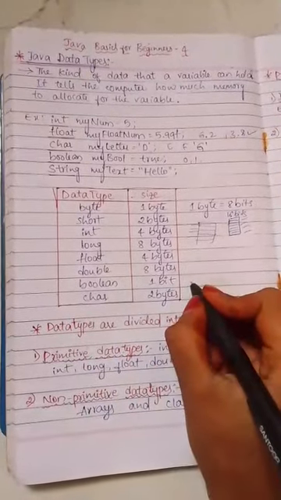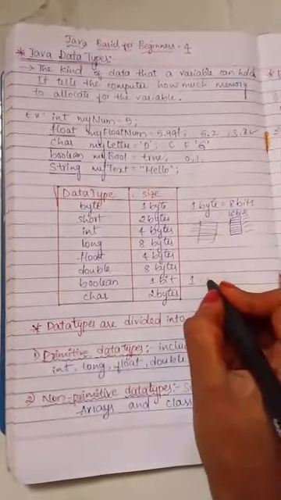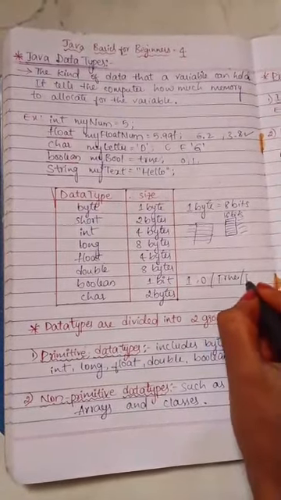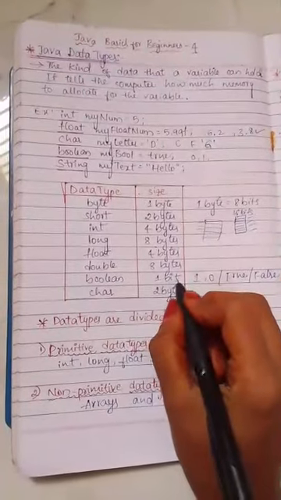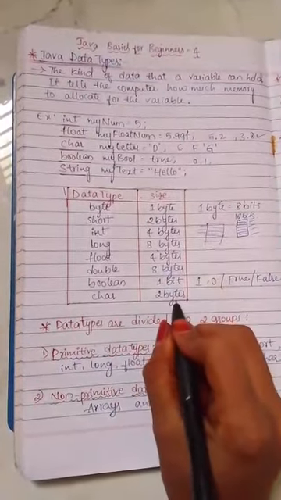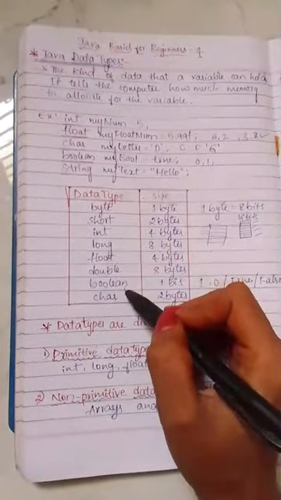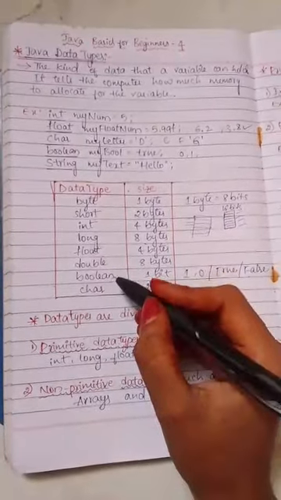For example, true or false, any one. Here 1 or 0, true or false, any one thing. That's why 1 bit. Character 2 bytes. These are the sizes of the data types. I think it's very clear.